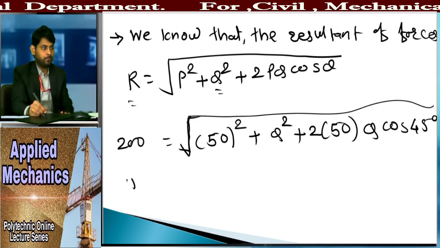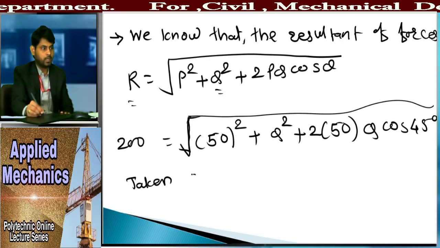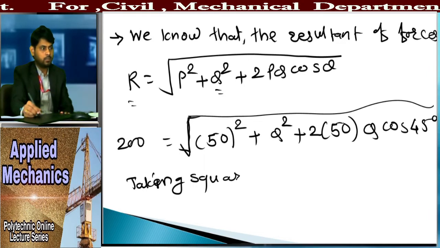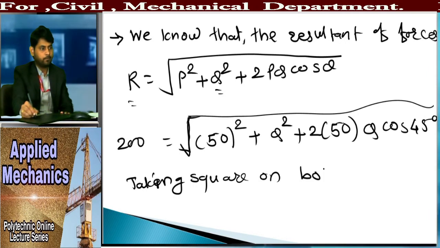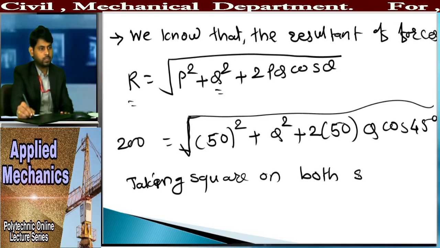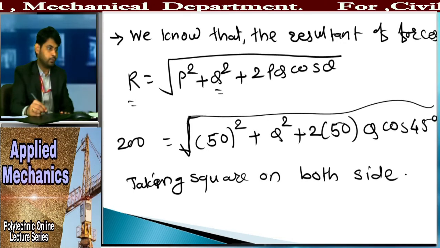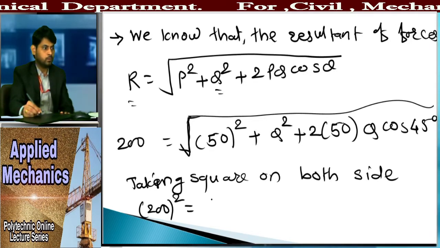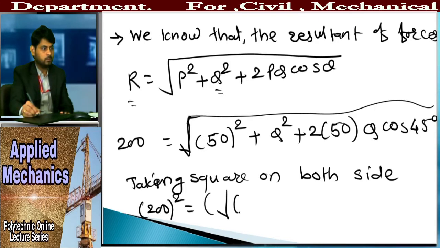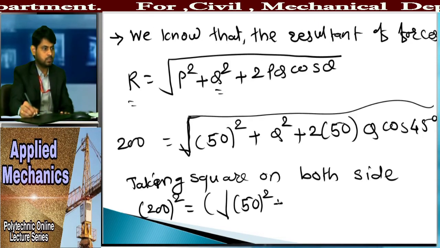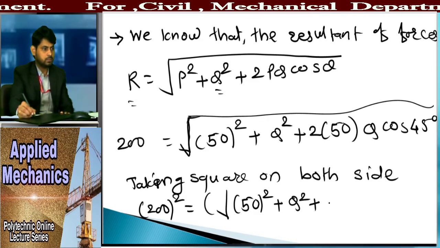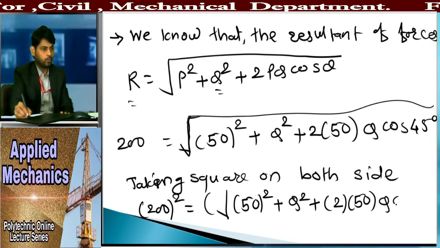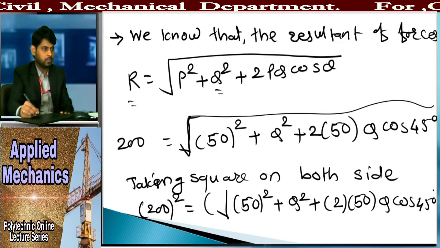So 200 square is equal to the square root of 50 square plus Q square plus 2 into 50 into Q cos of 45 degrees, right?